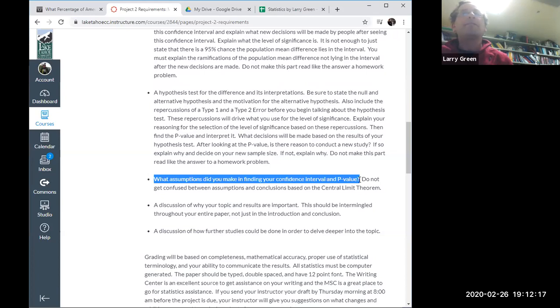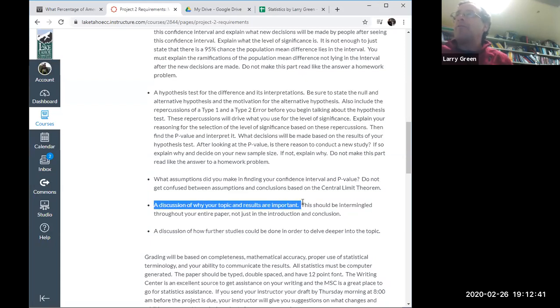That has to do with, you're probably going to have convenience sampling or something like that. You shouldn't have to assume that you have a normal distribution, because the central limit theorem will guarantee that, because your sample size will be large enough. But bias is definitely an assumption. No bias. Throughout, you should convince the reader that this is important, all throughout the paper.